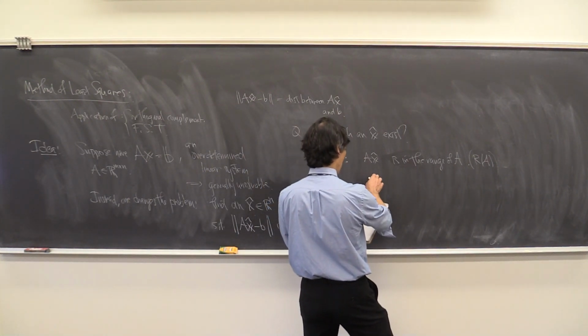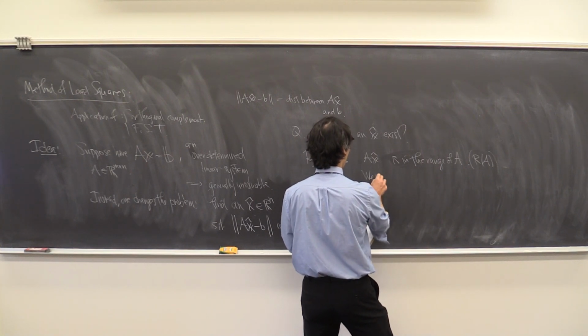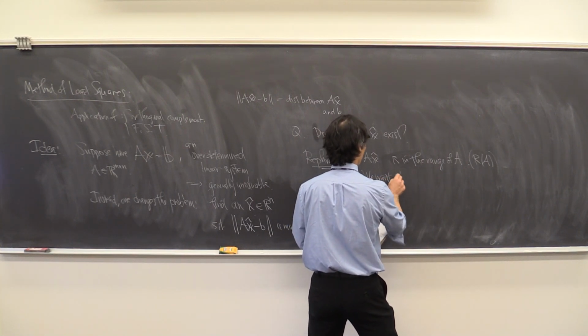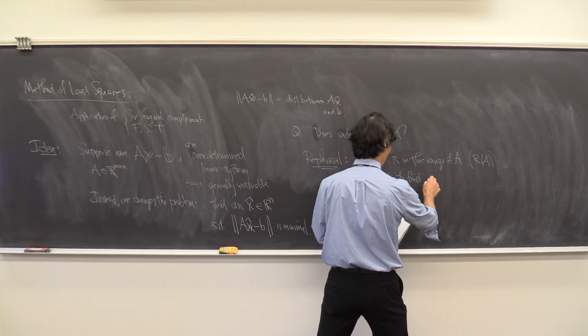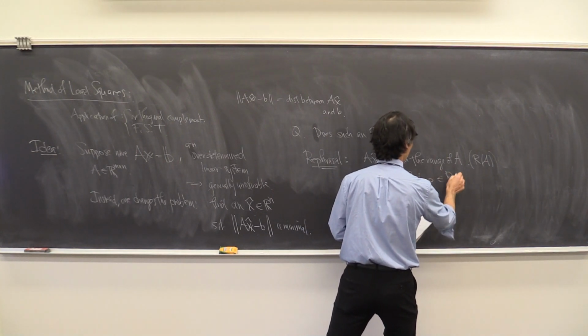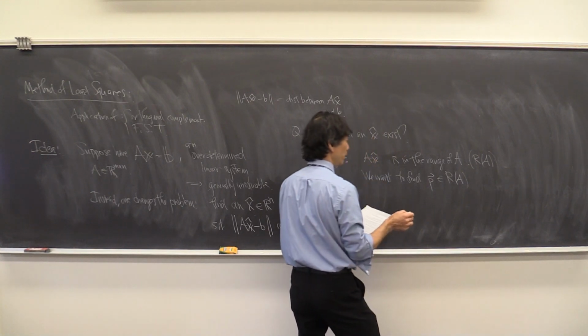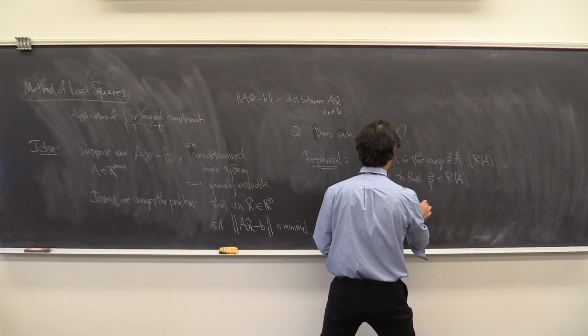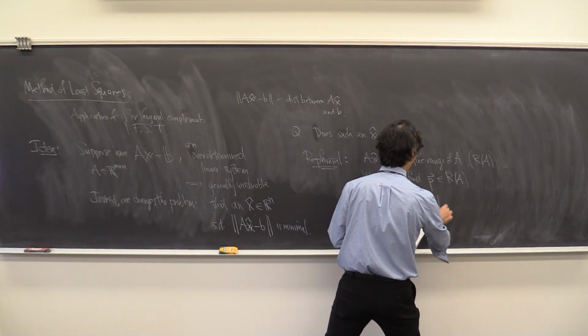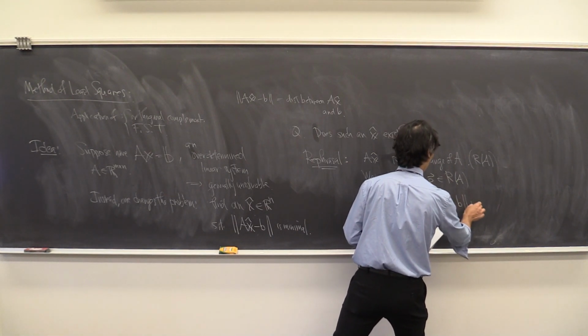So we want to find some vector p in the range of A such that the norm of p minus b is minimal.